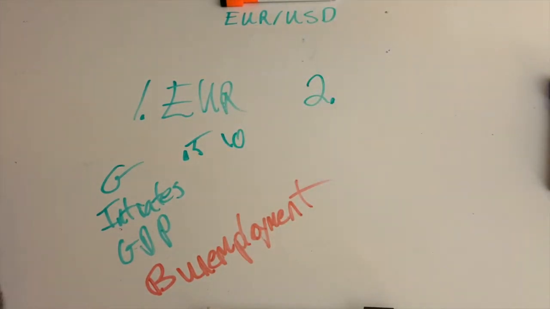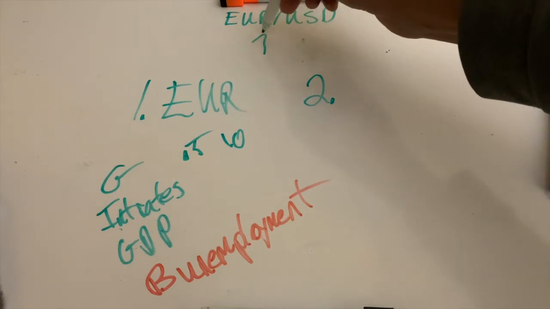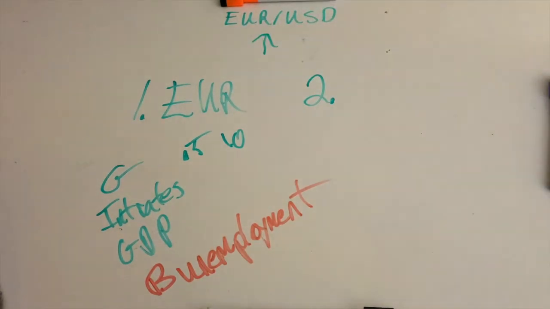Better than expected. That's gonna cause the euro to do well or be strong, which in turn could cause the relationship to shift and balance towards the euro, pushing the exchange price upward or creating new highs.